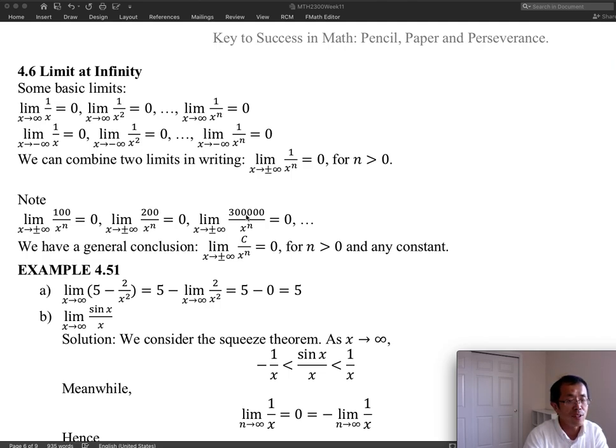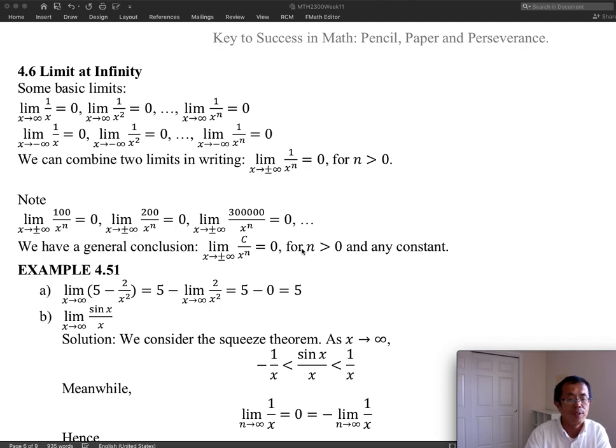So not a single number will beat infinity. Overall, all the limits I talked about can be summarized in this situation: the limit as x approaches infinity, positive or negative, of any constant over x to the power n is just 0. The only restriction is that the constant can be any number, positive or negative, and the power has to be positive.